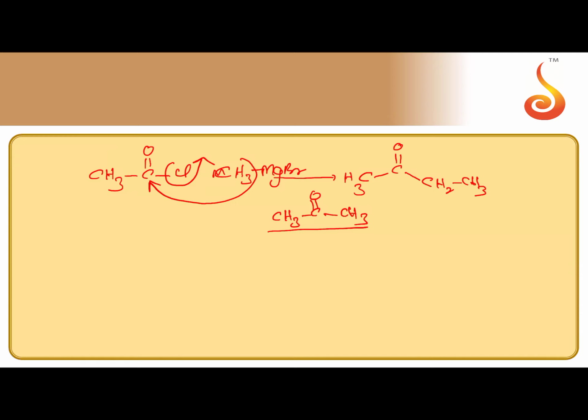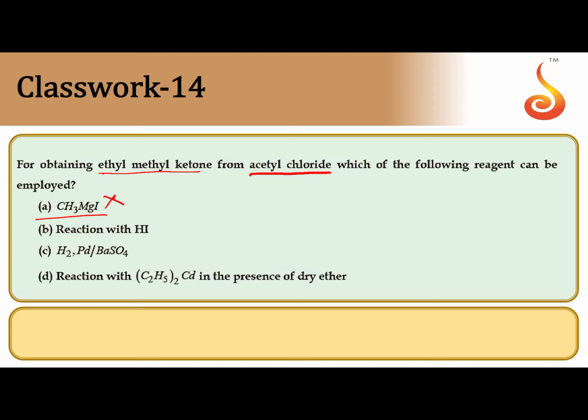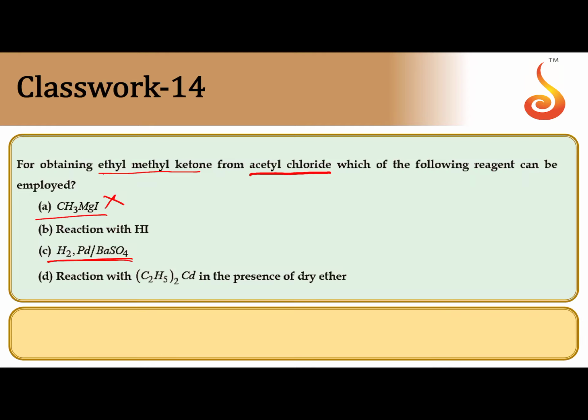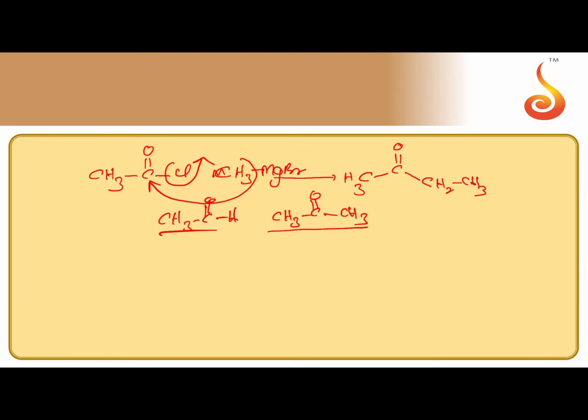Reaction with hydrogen iodide gives alkane. Next, Lindlar's reagent gives acetaldehyde. With Lindlar's reagent we can get CH3CHO. Then the correct option is reaction with diethyl cadmium. This is an SN2 reaction, diethyl cadmium.